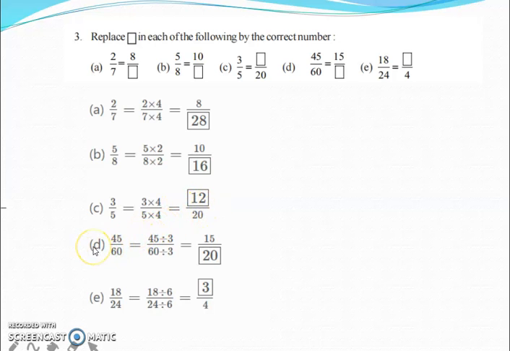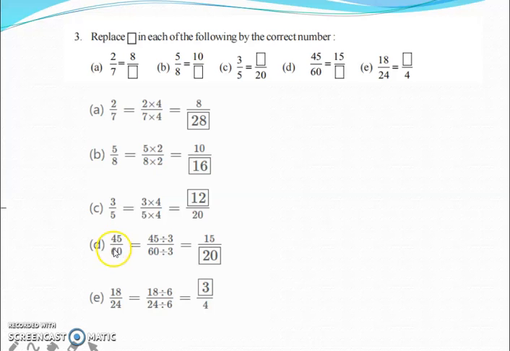Okay, move to the next, D1. Here they gave the denominator 60 and the numerator 45. They gave the answer here 15. Here they gave a big number on the left side and a small number on the right side. But in the previous questions, you see the small number was on the left side and the big one on the right side, so we multiplied.